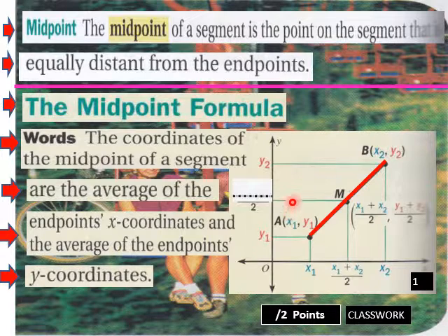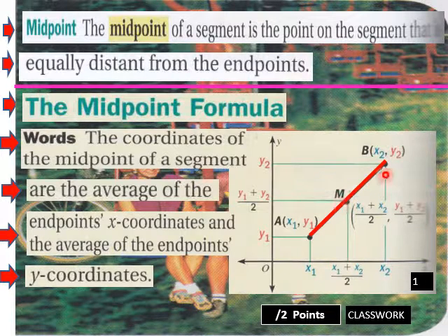To find the midpoint of a line segment, our y coordinate would be y1 plus y2 over 2. That'd be this coordinate here. Then our x coordinate, x1 plus x2 over 2, will give us our midpoint. So here is our x coordinate, and here is our y coordinate.